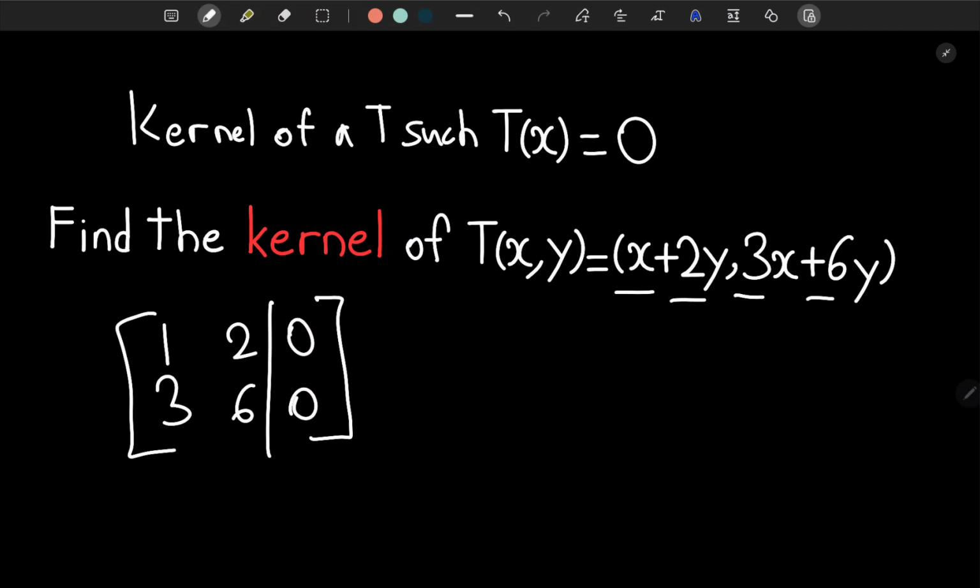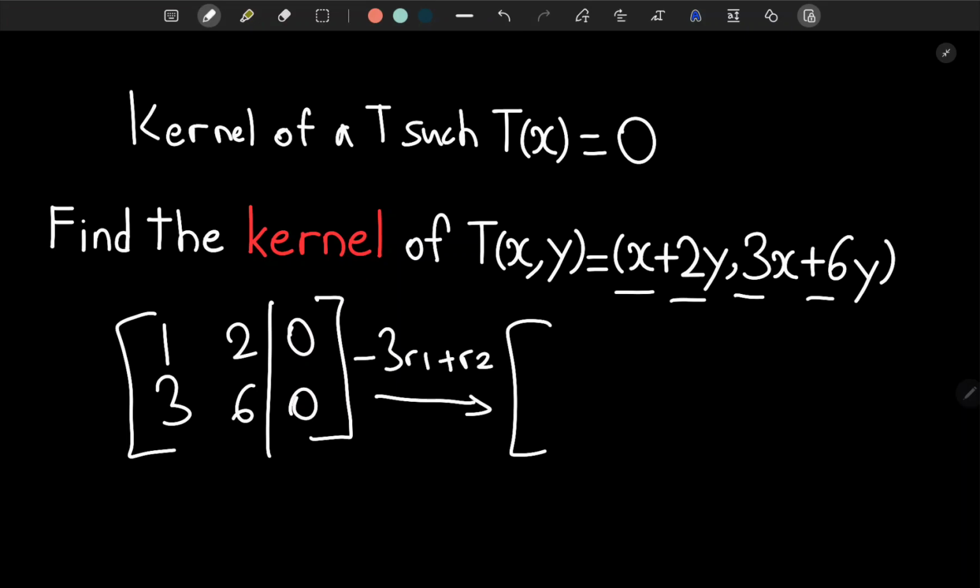So here our pivot has to be 1, which we do have, and we cannot have a number below it. We do have a 3 here, so we can use the following row operation to get rid of the 3, which is minus 3R1 plus R2. The first row stays the same.